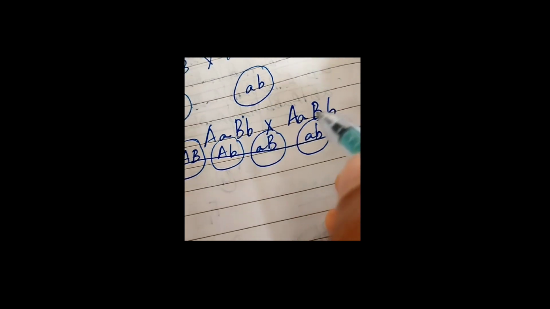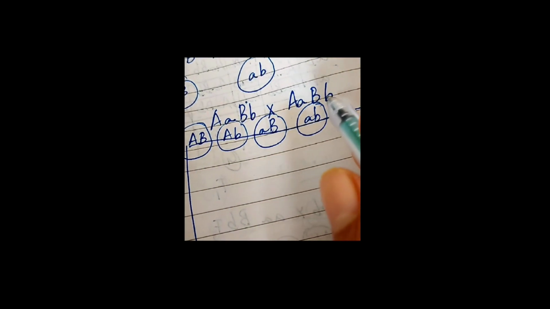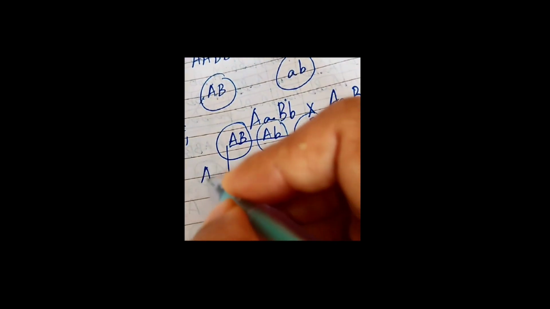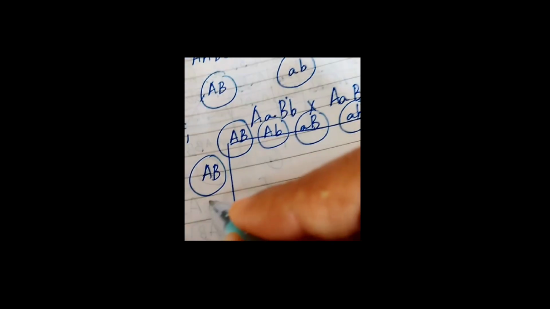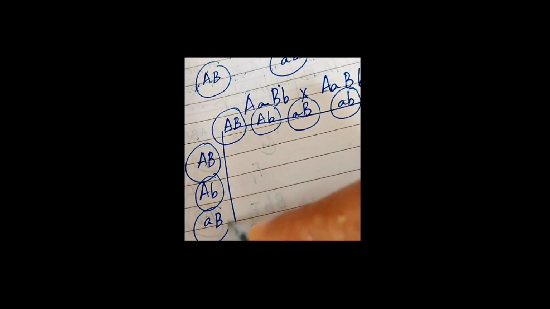Since it's a self cross, on the other axis also we'll get the same combination of gametes from the second parent. So we'll write here AB, Ab, aB, and at last ab.